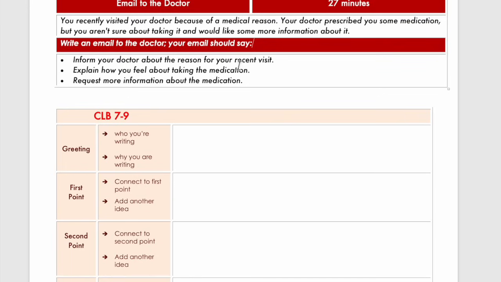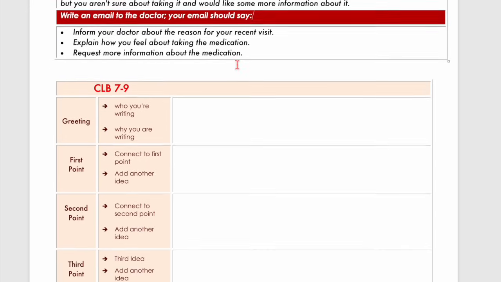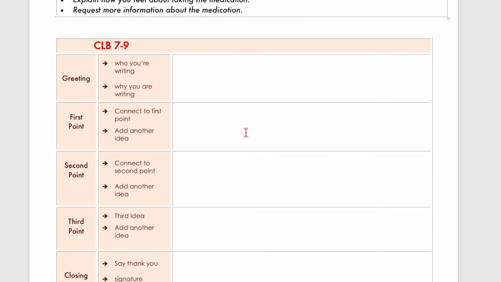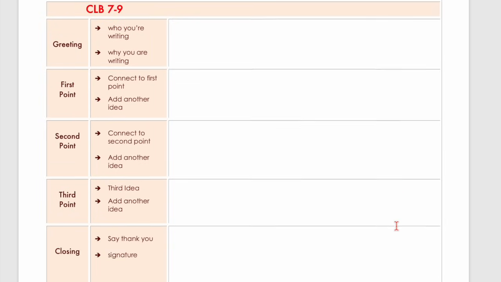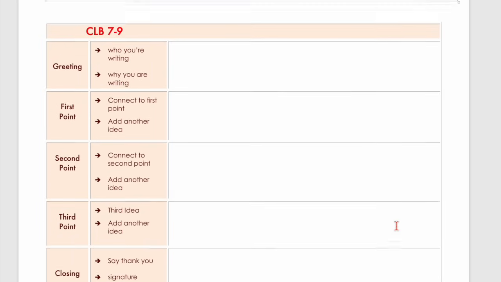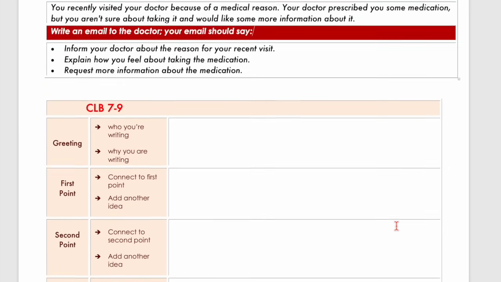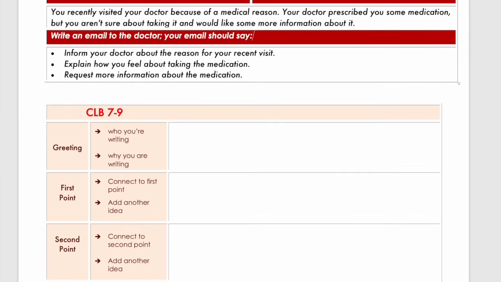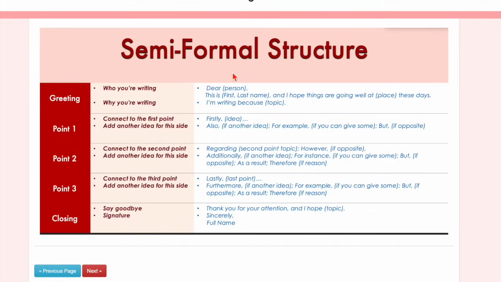So let's remember this example is going to be a 7 to 9 example. And also let's remember that I'm following the guide, semi-formal structure guide from our writing guides.